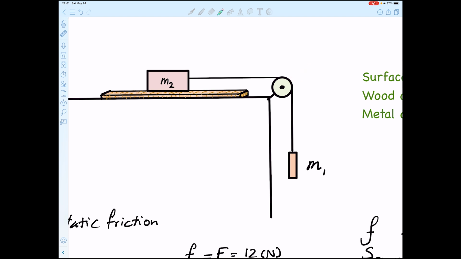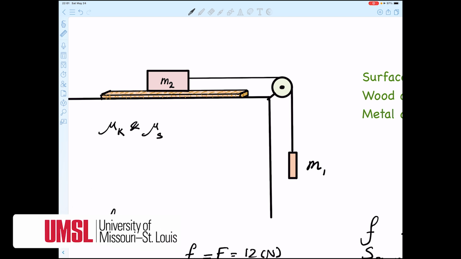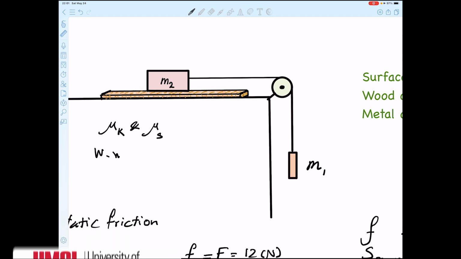The whole goal of the lab is to measure mu k and mu s, the constants that I talked about earlier, for the wood-on-wood combination and the metal-on-wood combination. Using this lab, we can come to the conclusion that mu k is less than mu s.